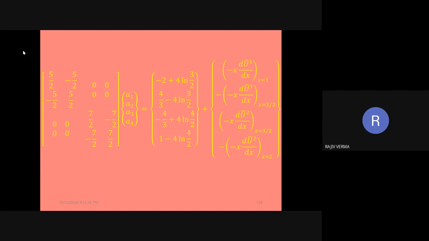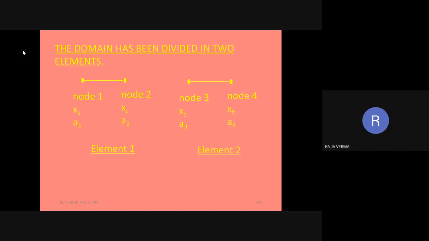Now after this, we are going to talk about the continuity condition. Since both the two elements have a node in common, node number 2 and node number 3 actually are the same node that is located at xc.